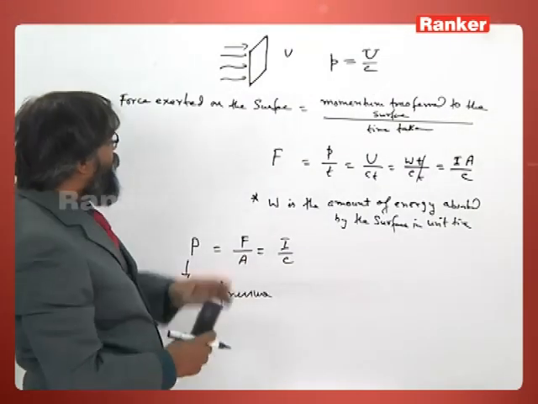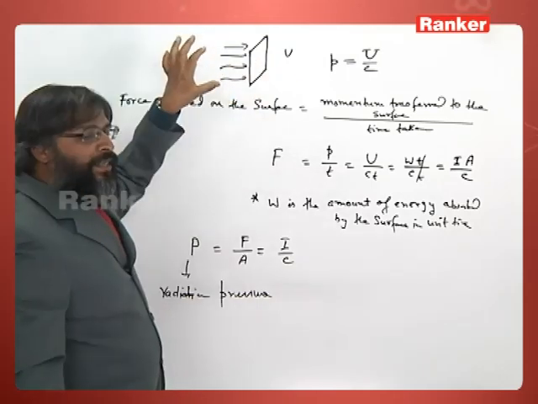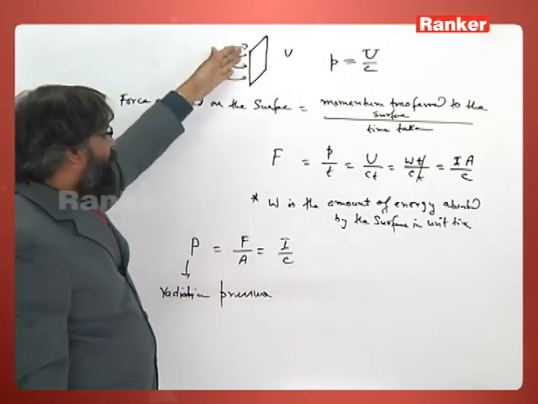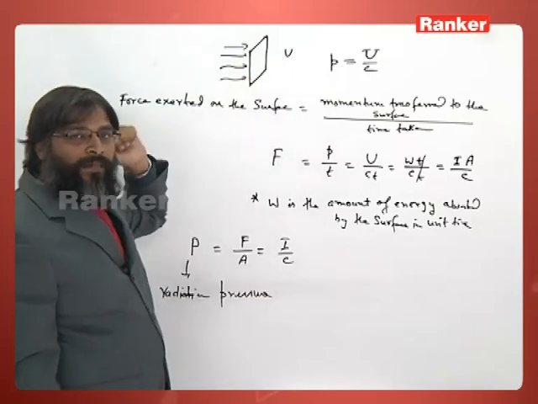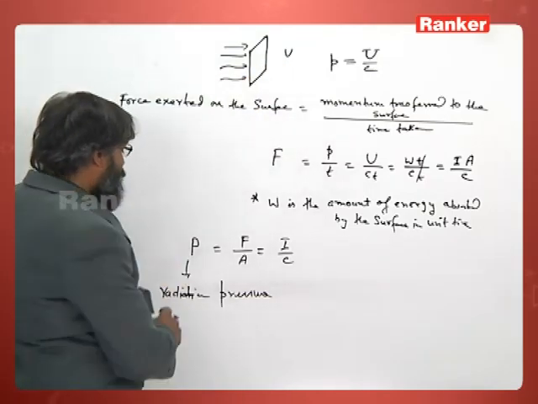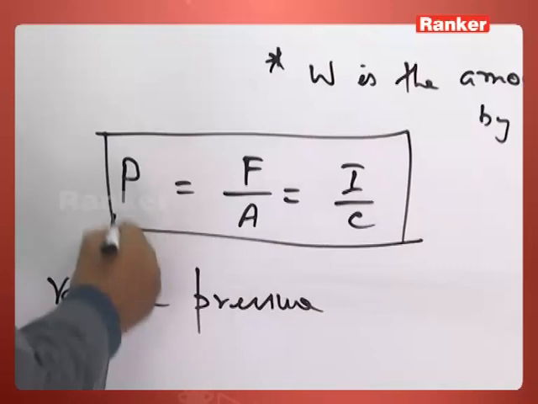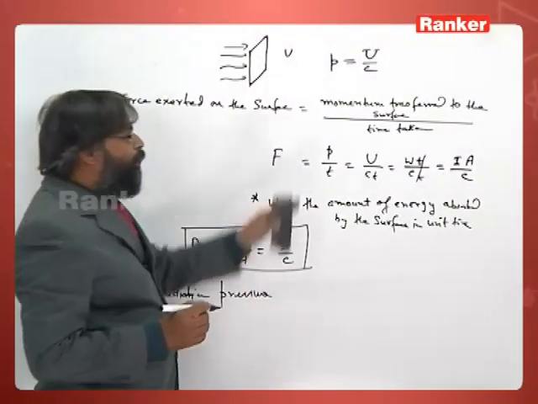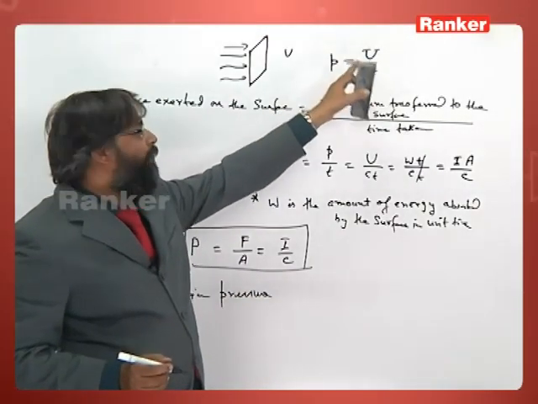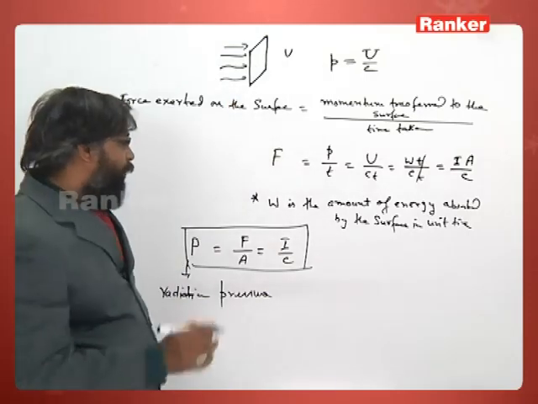So if this radiation is fully absorbed by this surface area, falling normally on it, then the radiation pressure exerted will be I by C, and the momentum transferred will be U by C, where U is the total amount of energy falling.